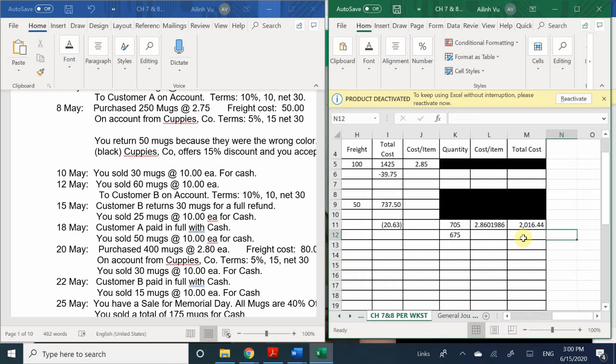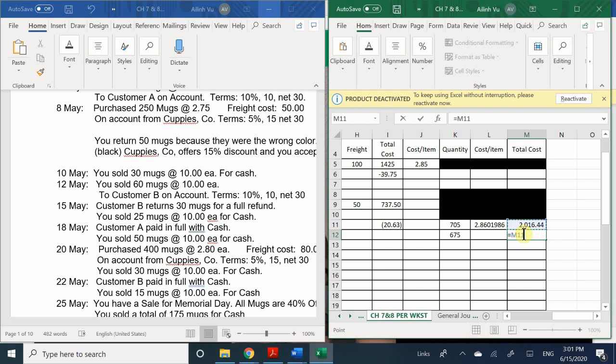Okay. We're going to take our 2,016.44 and we're going to subtract 85.81. And what do we get? One person got 1930.63, another got 1917.19. Okay, I'm going to do this again.